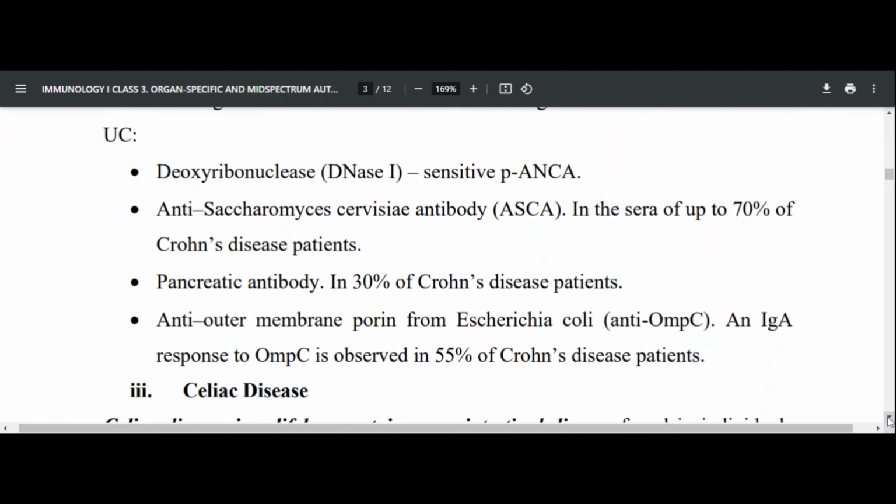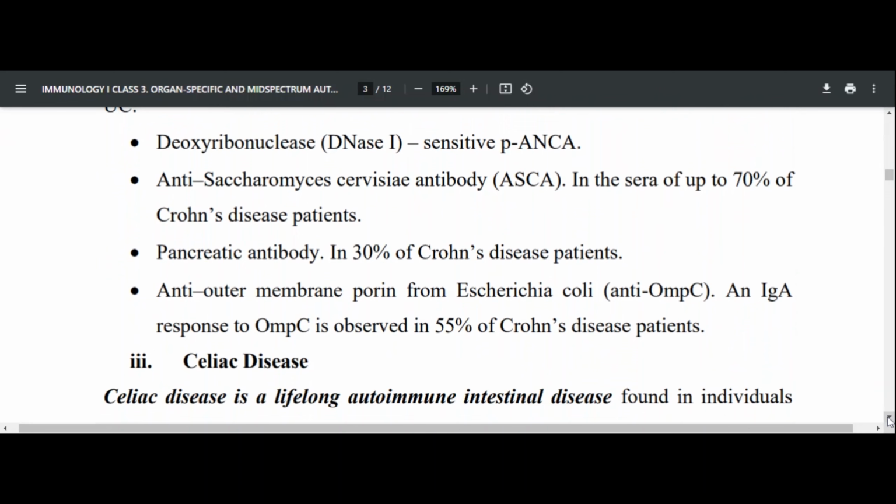And then we also have anti-outer membrane porin for Escherichia coli, which is another finding in ulcerative colitis and also Crohn's disease of the inflammatory bowel syndromes.